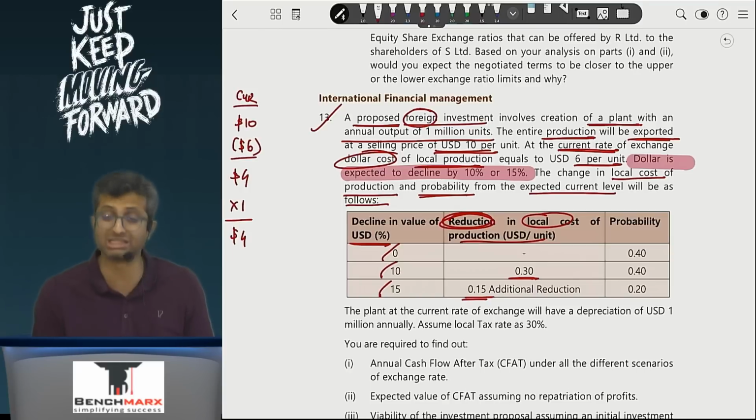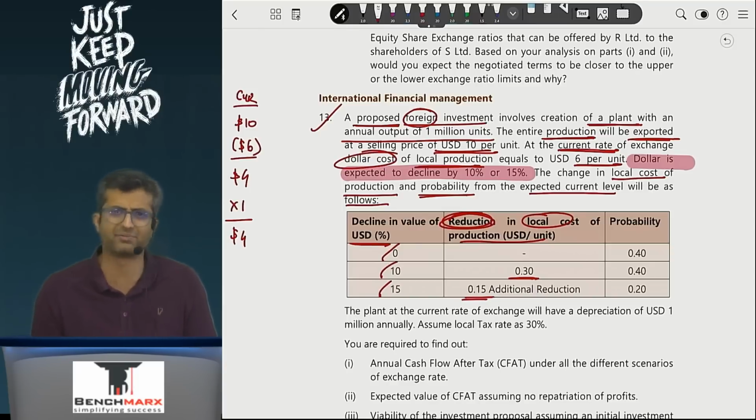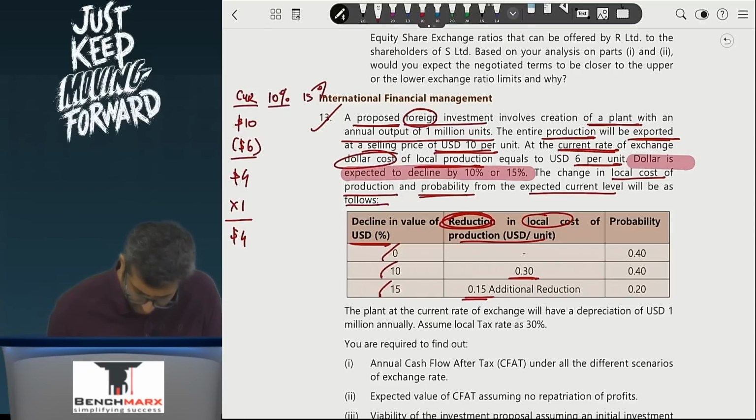So your current cost is 6. 6 minus 0.3 will be 5.7, and an additional 0.15 will make it 5.55 maybe. So if there's a 10% fall or a 15% fall, the export proceeds are the same, but the local currency cost is falling to 5.7 or 5.55, and as a result, the profit per unit changes.